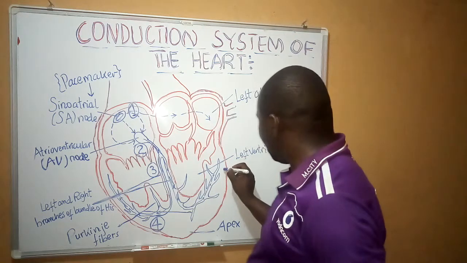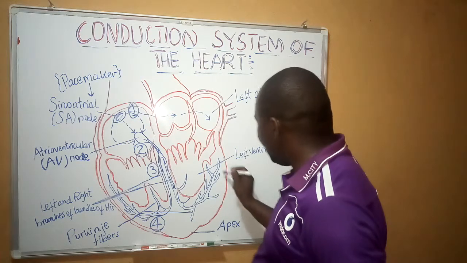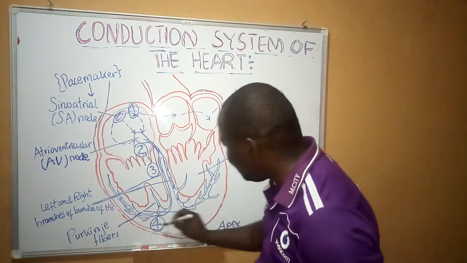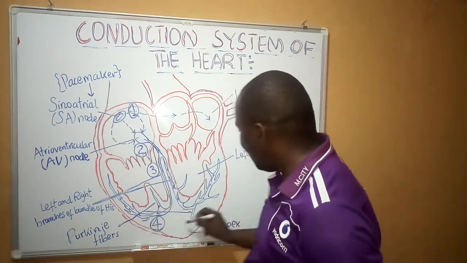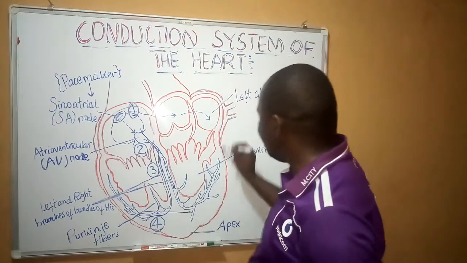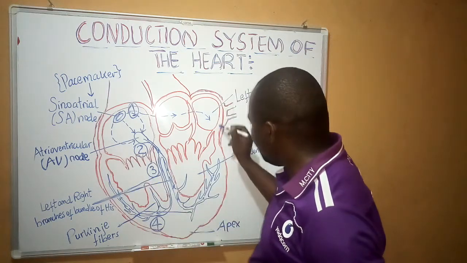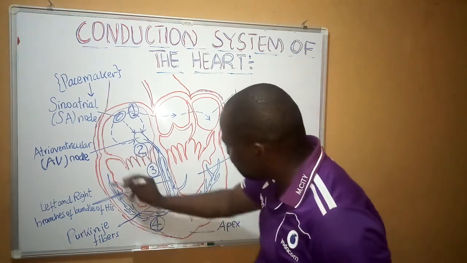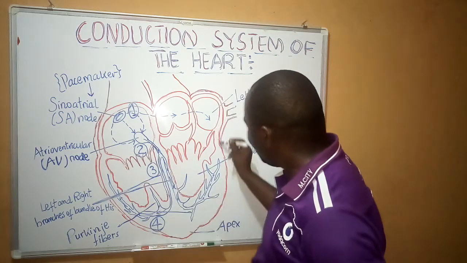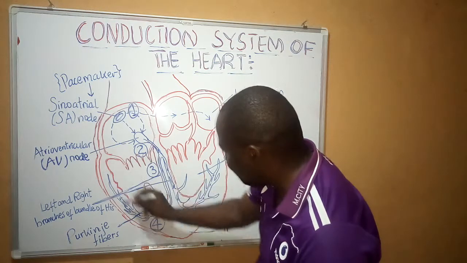Then from the epicardial layer of the heart, the middle layer of the heart is the myocardium layer. The myocardium layer is composed of cardiac muscle cells.